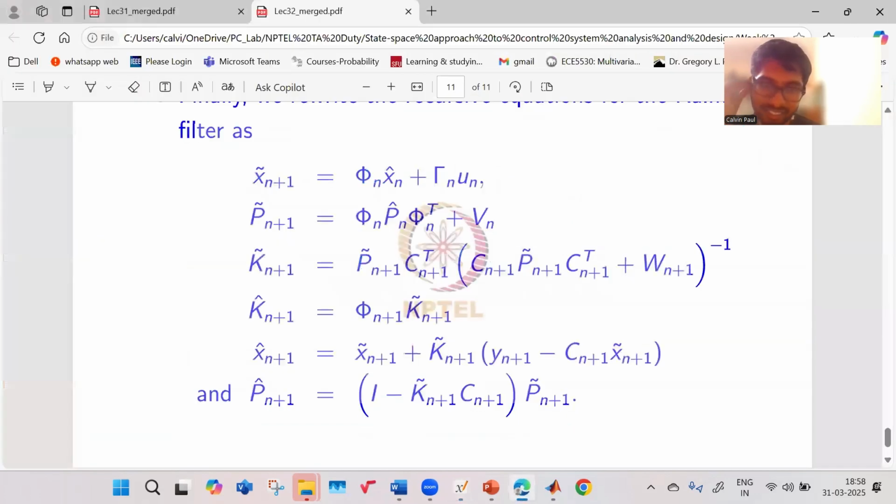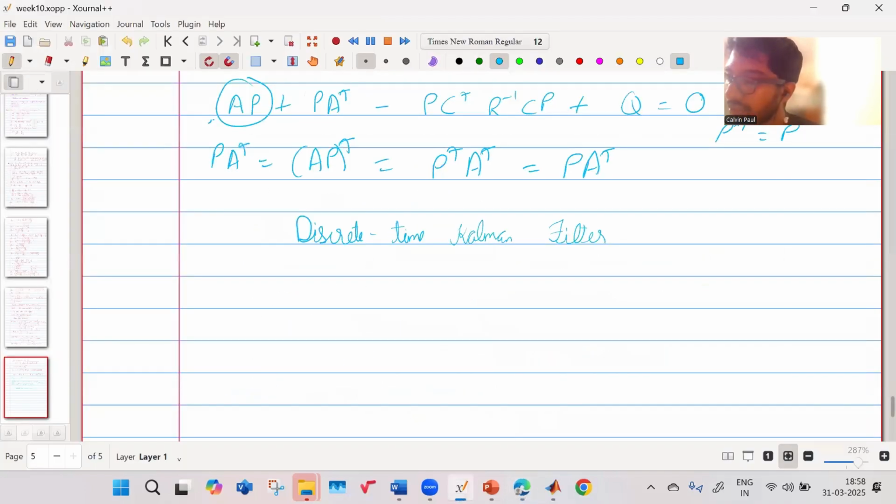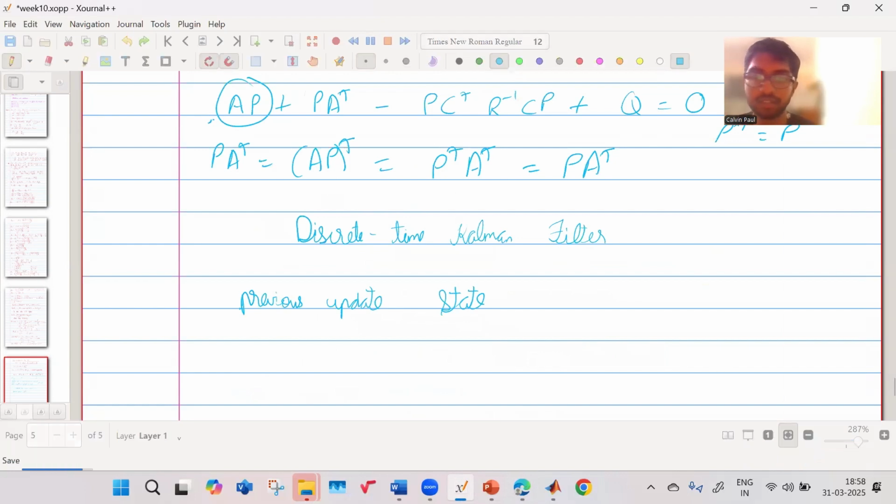So this is the discrete time Kalman filter, and let us look at it. What we have is a previous updated state. This Kalman filter is working in a loop, based on recursion.